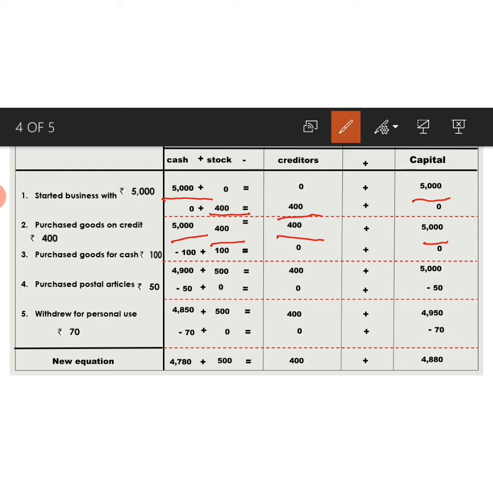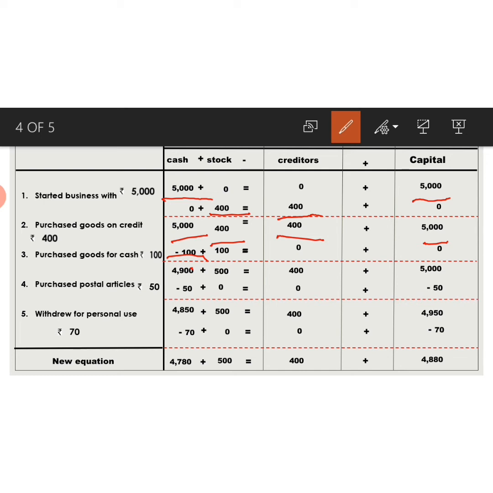And again, the third transaction is purchased goods on cash. Now, when things are purchased in cash, you are giving cash to get something, so it should be deducted from the cash. So cash is shown as minus 100.